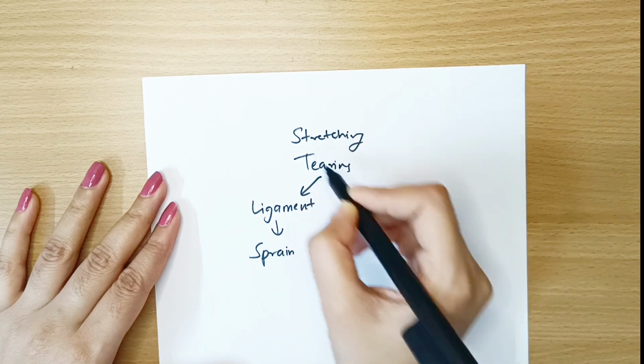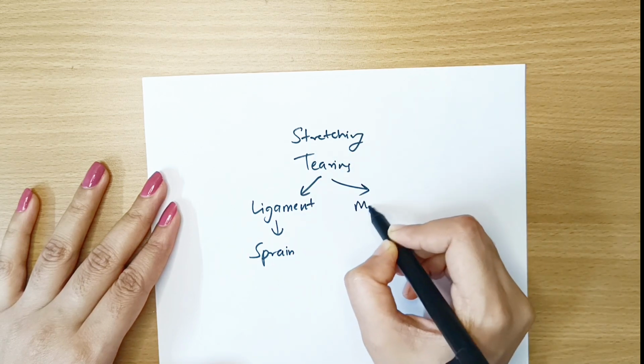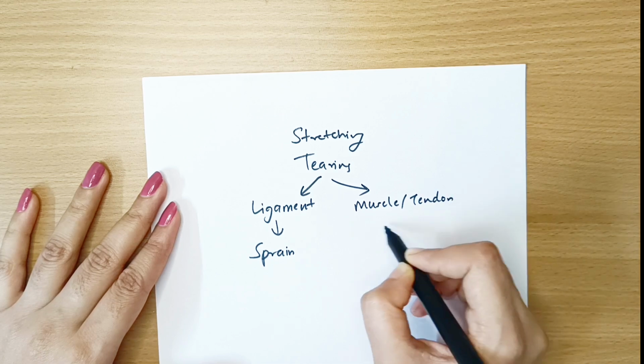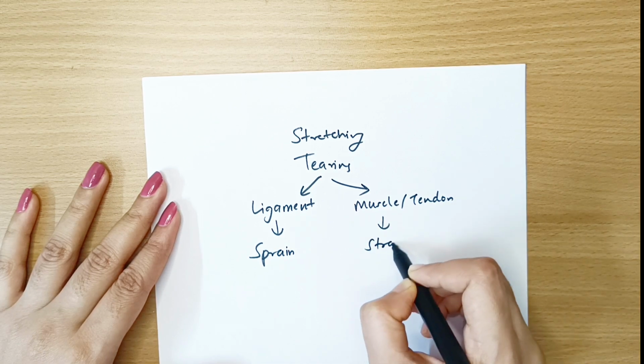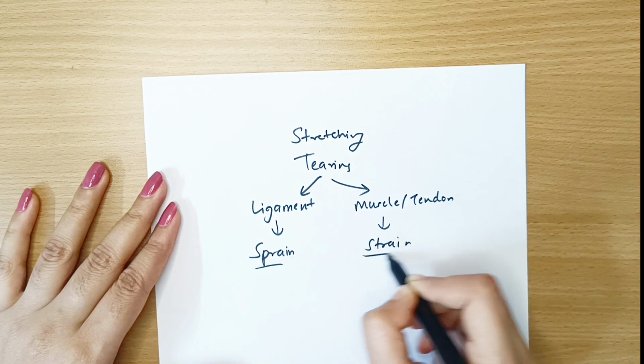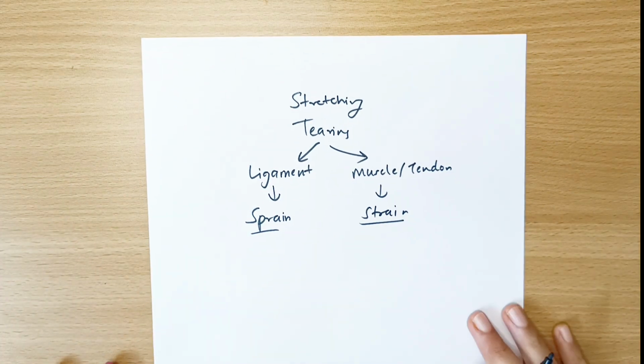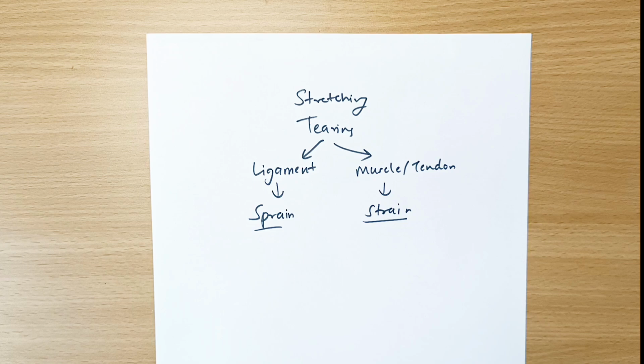And if there is stretching or tearing of a muscle or tendon, then it is called a strain. These words can be used interchangeably also, but there is a minute difference between them, right?